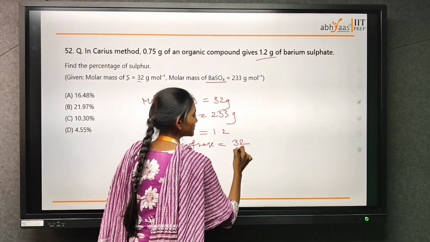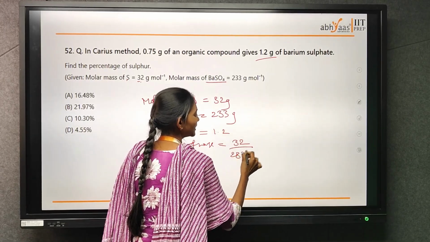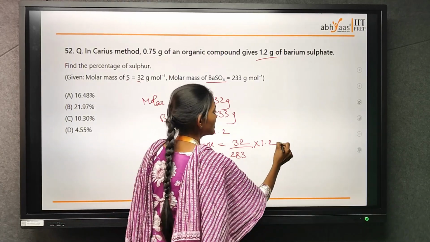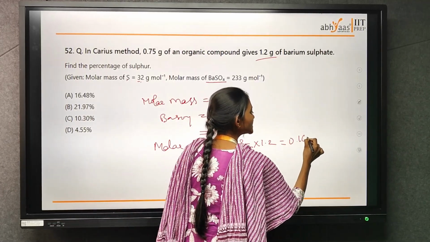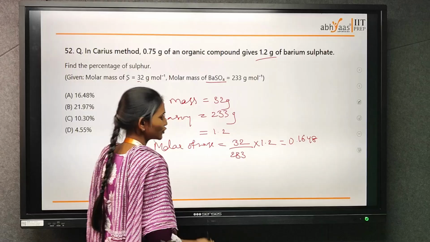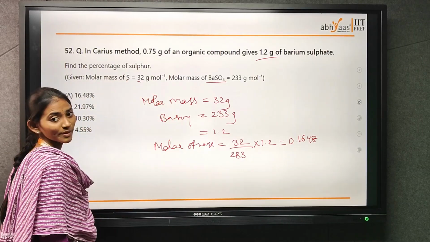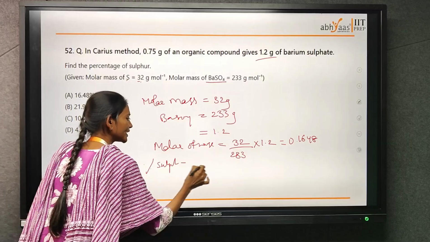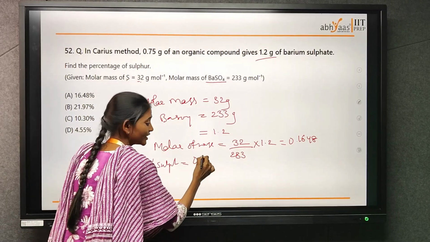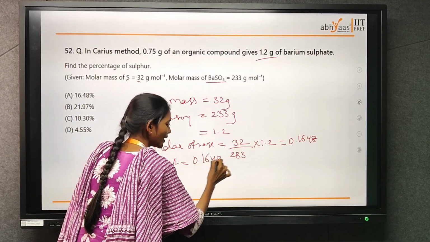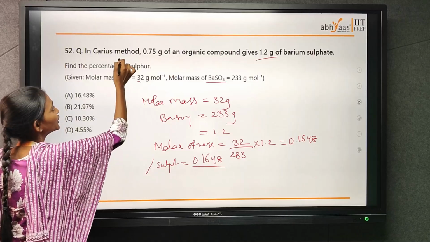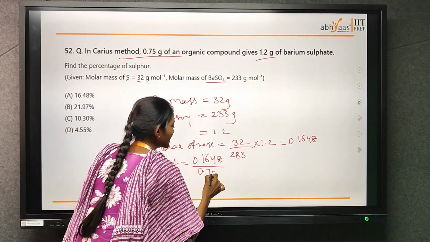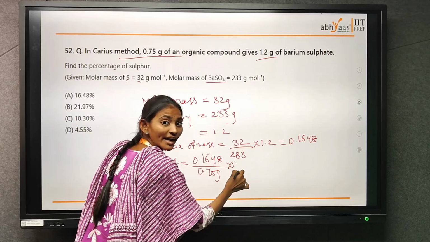Therefore, the weight of sulfur is 32 by 233 into 1.2. You are getting approximately 0.1648. With this you can estimate the sulfur percentage. Therefore, the percentage of sulfur is 0.1648 divided by the weight of the organic compound, which is 0.75 grams, into 100.